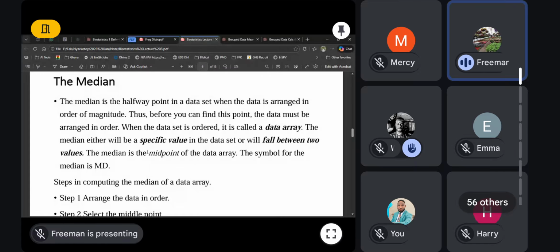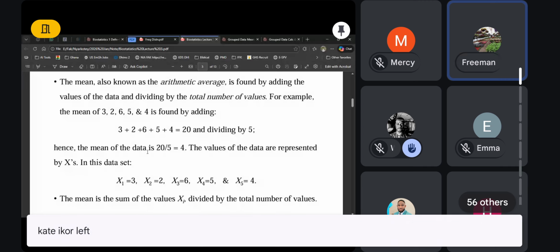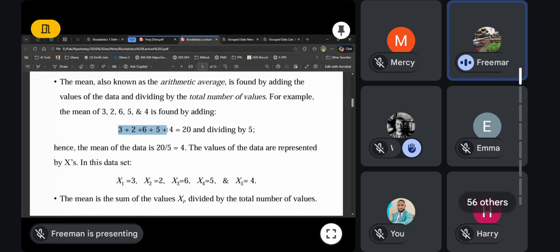When you see these numbers, they are not arranged. To arrange them, 2 will come first, followed by 3, followed by 4, followed by 5, and by 6. Then we have arranged it in order of magnitude, in ascending or descending order. Then we look at it.